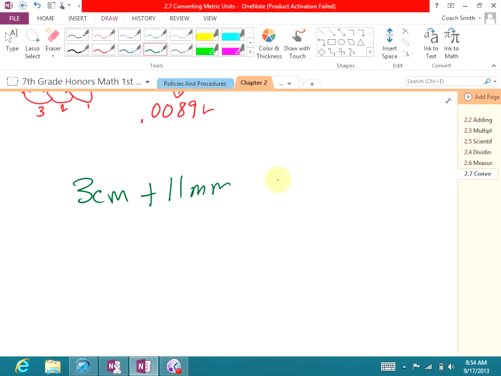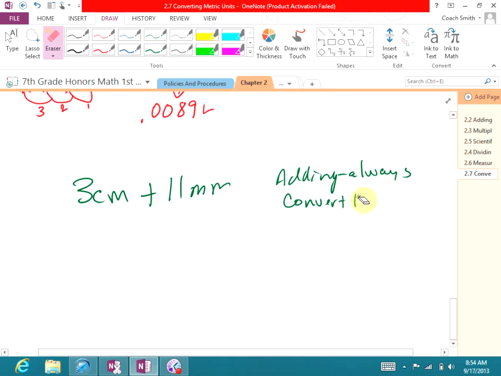Now, when adding, always convert to the smaller unit of measurement. Okay? When adding or subtracting, always convert to the smaller unit of measurement.